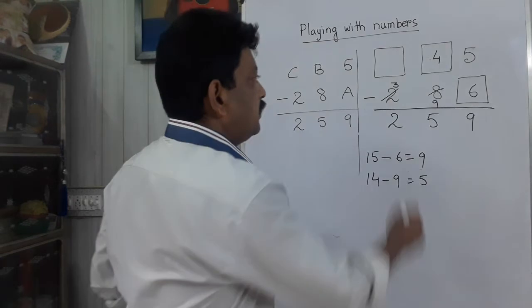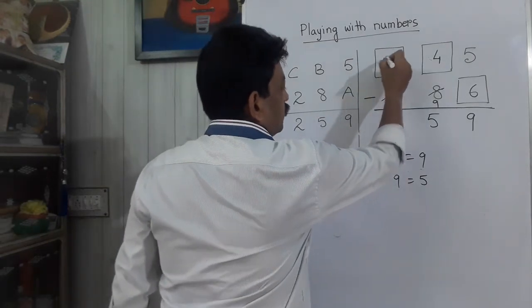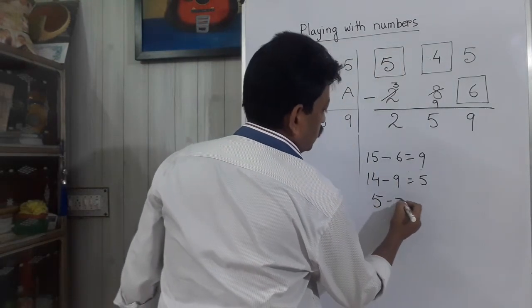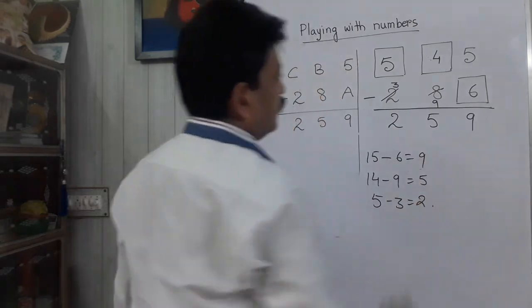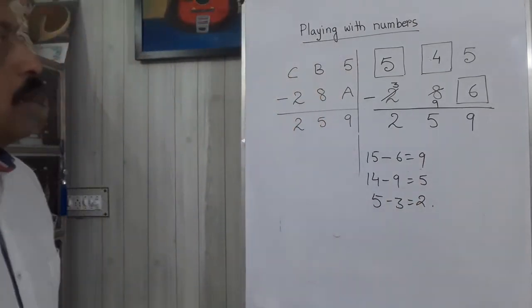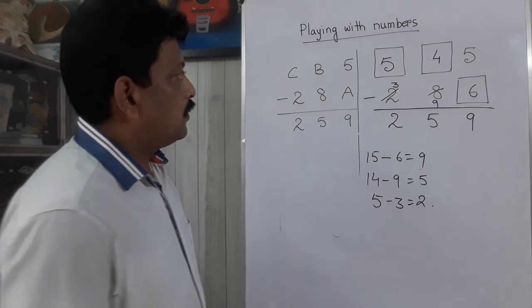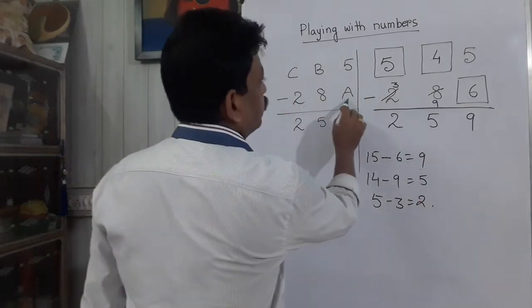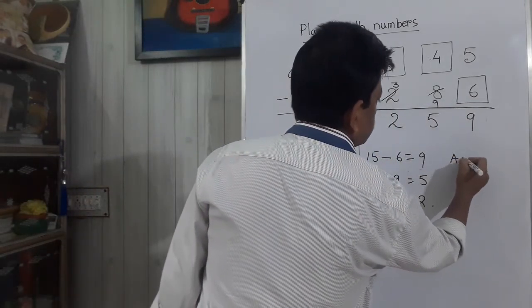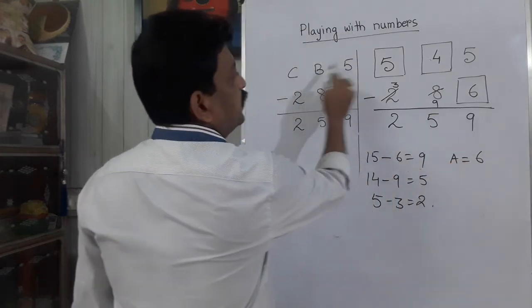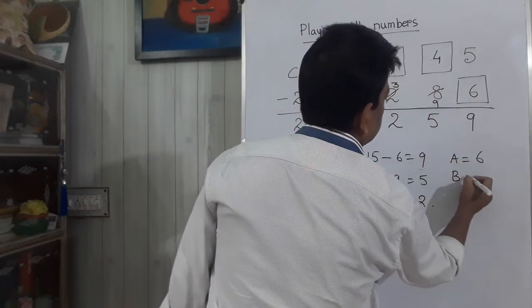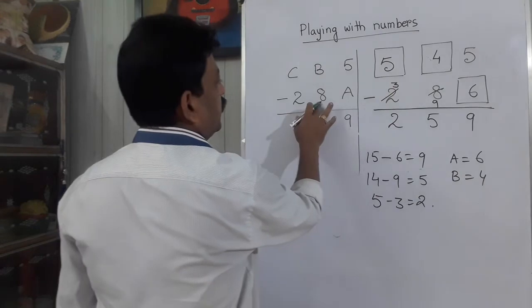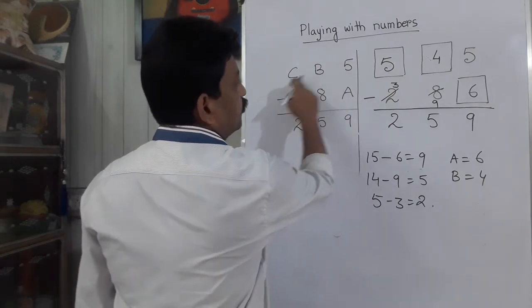It is 5 only, because 5 minus 3 is 2. So the answer is, in place of A we have got 6. In place of B we have got 4. And in place of C we have got 5.